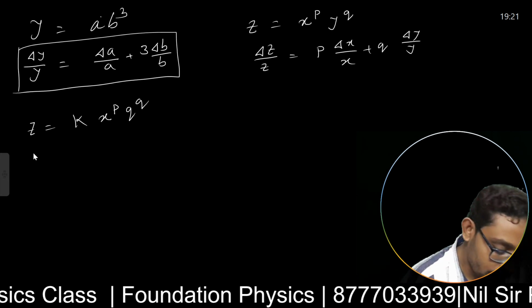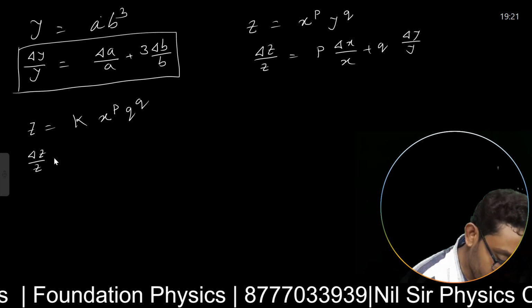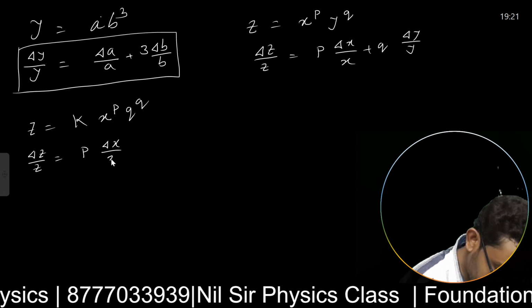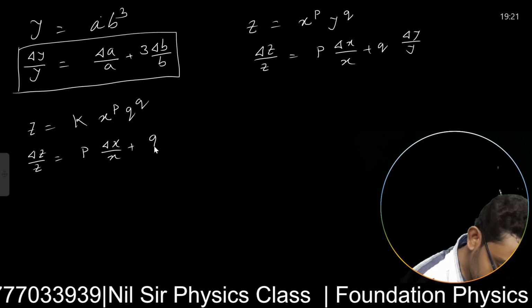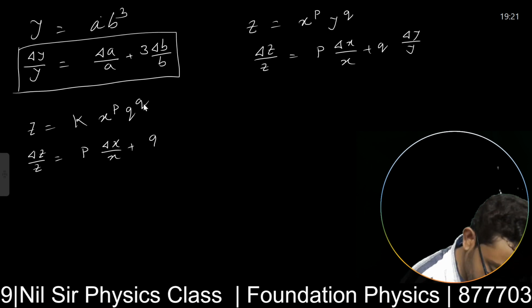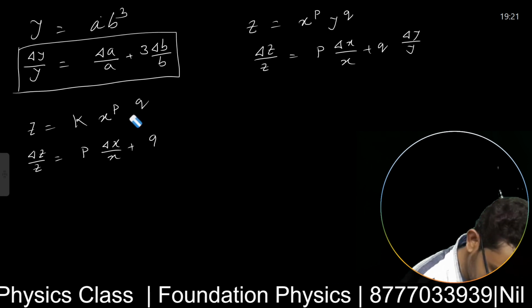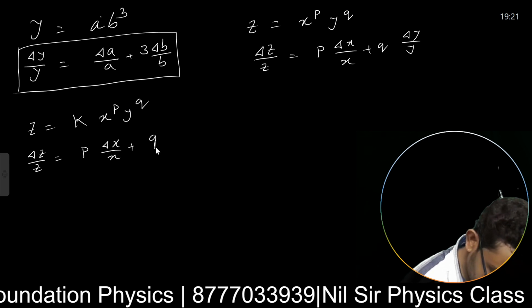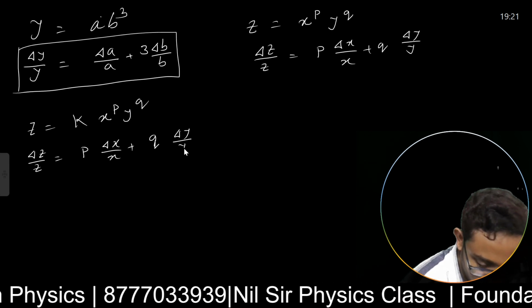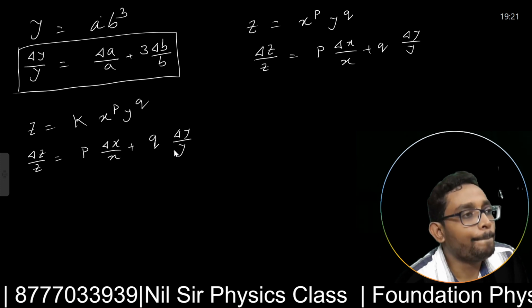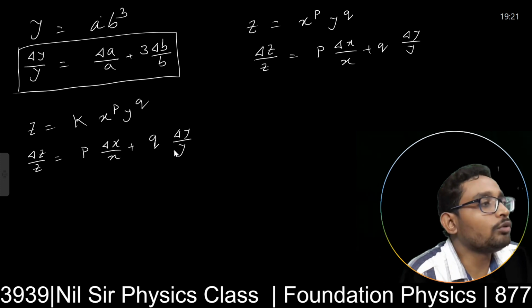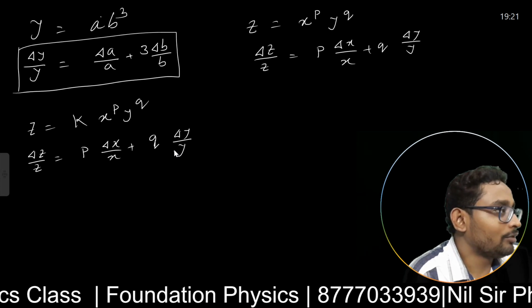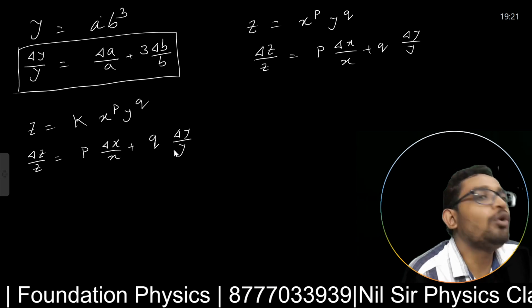So in this case it will always be p delta x by x plus q delta y by y. We will not calculate error for a constant; any constant has no error.